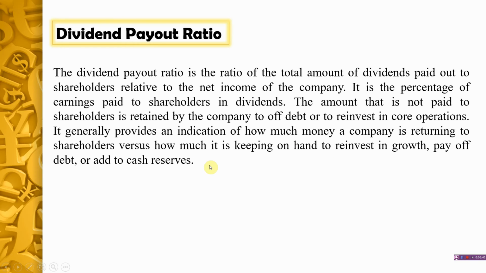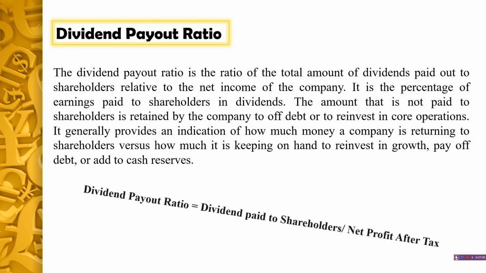So basically, the dividend payout ratio shows how much money the company is retaining and how much dividend it is going to pay to the shareholders. In this way, dividend payout ratio is much better than the dividend yield.